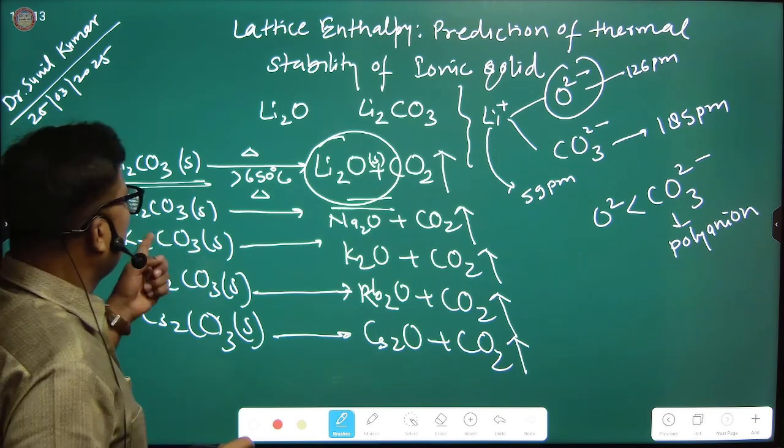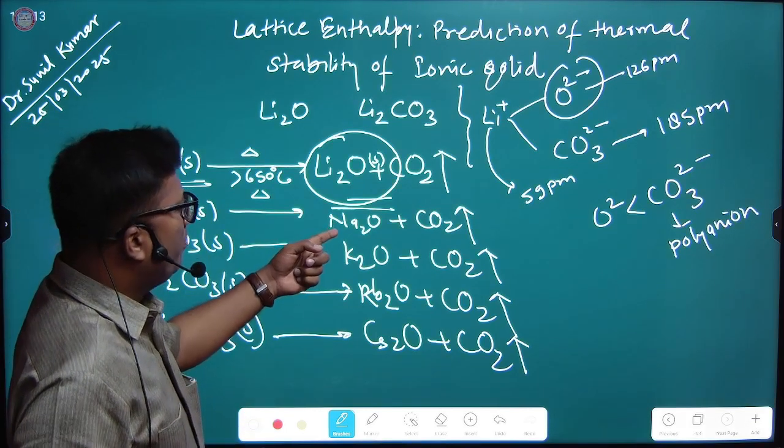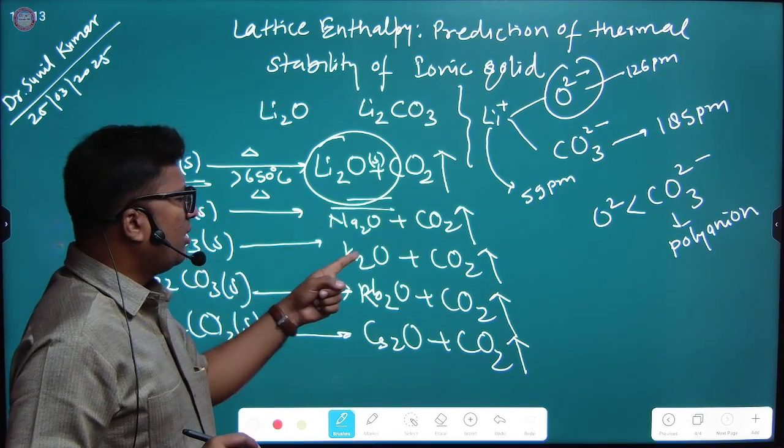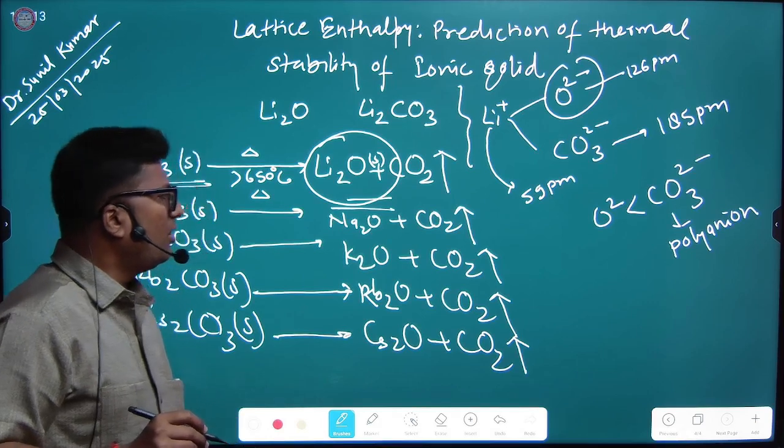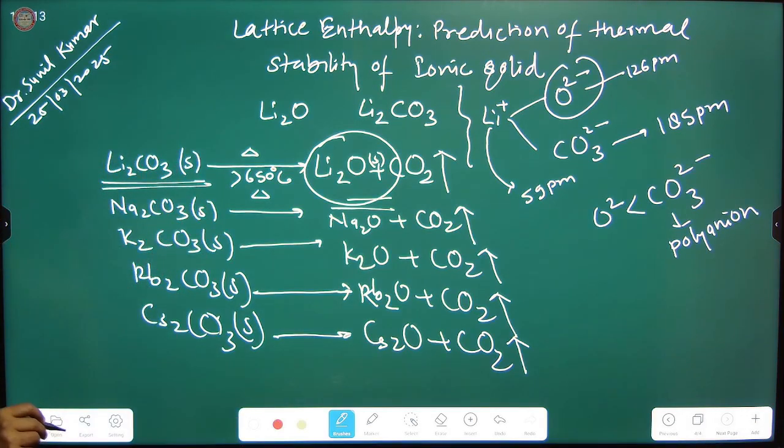Whether sodium oxide, potassium oxide, rubidium oxide and cesium oxide are stable or not will be estimated through the knowledge of lattice enthalpy.